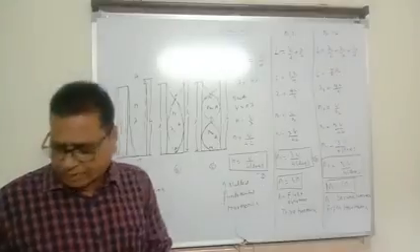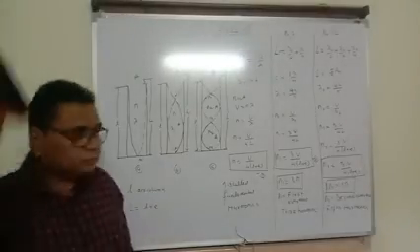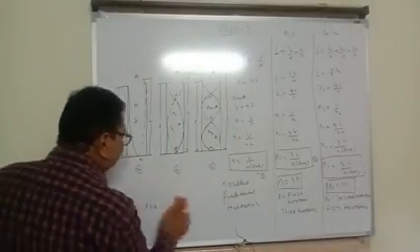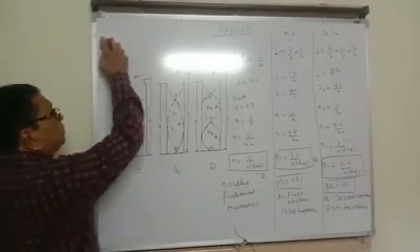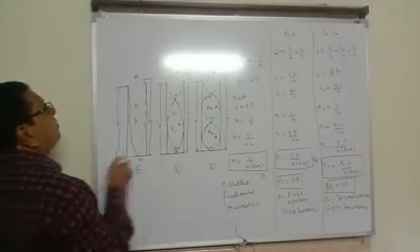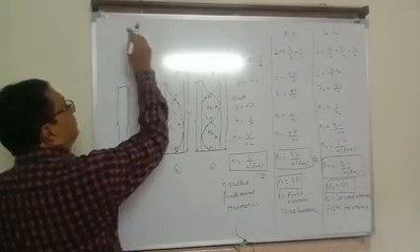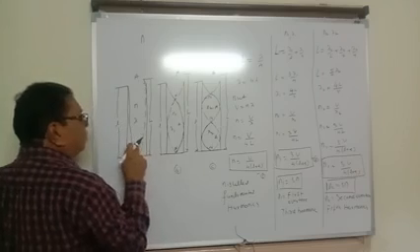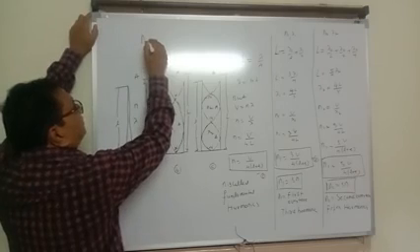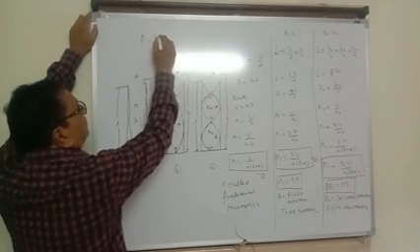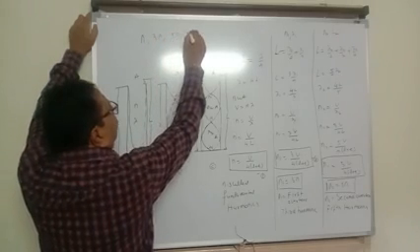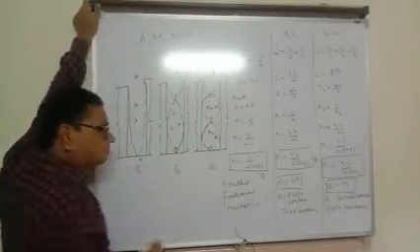From these three observations, what do we conclude? We can conclude that if N is the frequency of vibration of air column in a closed pipe, if N is the fundamental frequency, first overtone will be 3N, second overtone will be 5N, third overtone will be 7N, and so on.